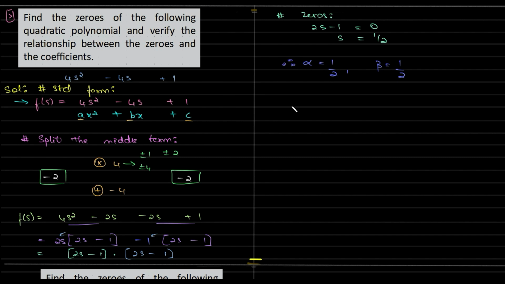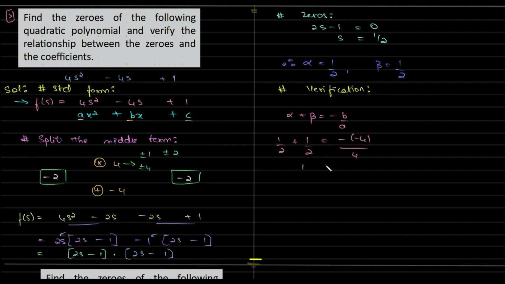Okay, so now we have the verification part. Verification is to do with proving alpha plus beta is equal to minus b by a. So alpha is half, beta is half, and b is minus 4, and a is 4.